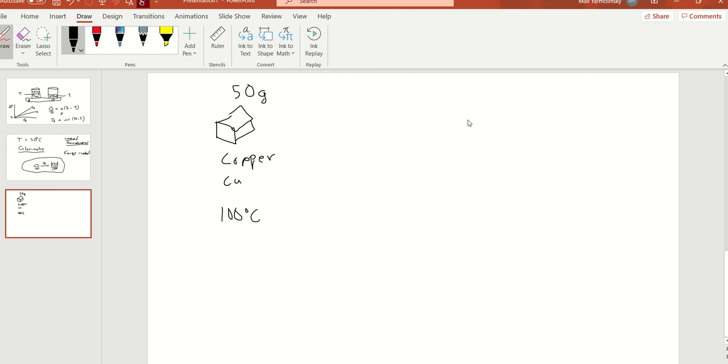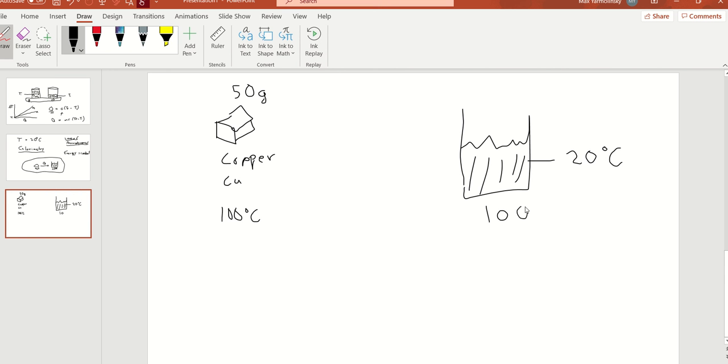And we're going to drop it into a cup of water. Here's the water here. And this cup of water is going to be at 20 degrees Celsius. And it's going to have a mass of water, which is 100 grams.